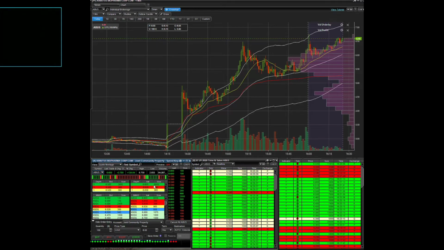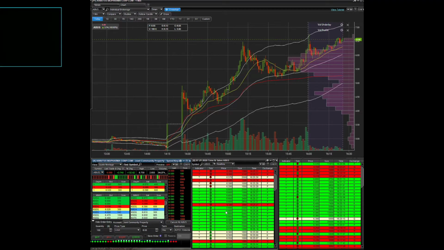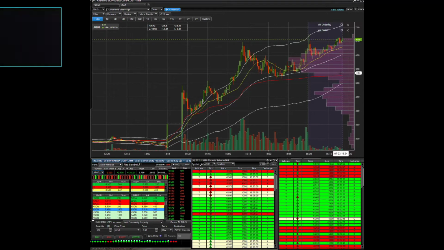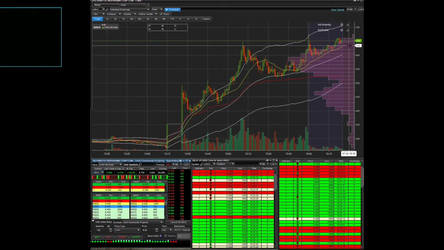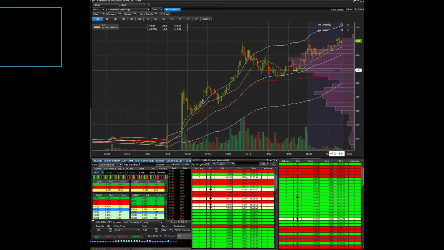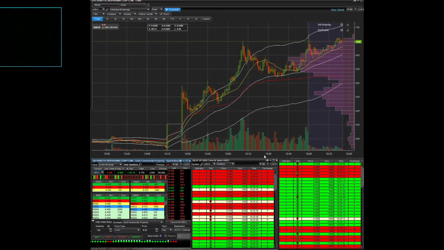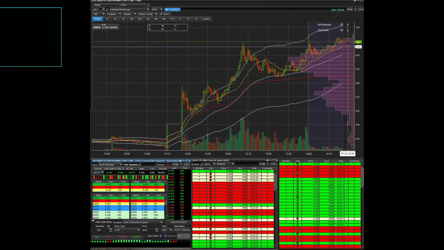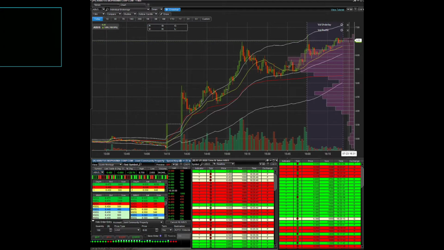There's 14K getting eaten through. So I see no real reason to buy up in this area just yet.